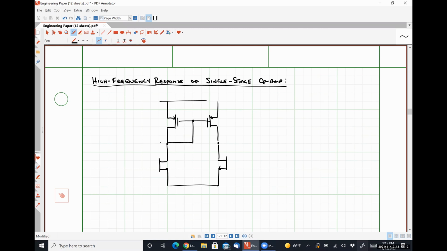I'm going to call this guy right here node Y, this guy right here our output node Z. Out. DB, this will be M3, M1, M4, M2.